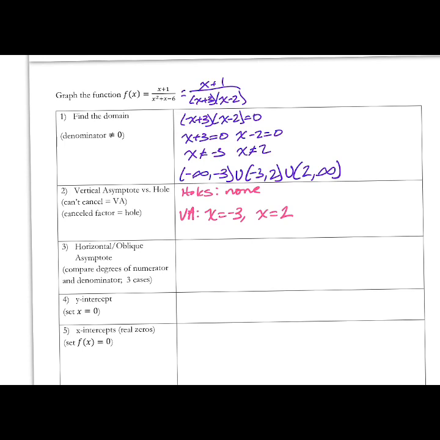Okay, so now we get a little harder because I need to find my horizontal asymptotes. Those are a little harder, so I'm going to rewrite my equation. F of x equals x plus 1 over x plus 3 times x minus 2. Sorry, I should have written the unfactored version of that: x squared plus x minus 6.